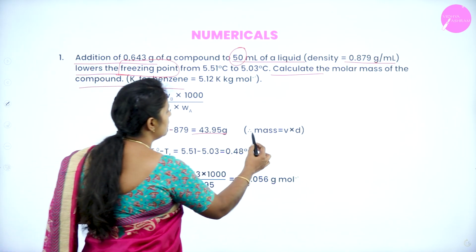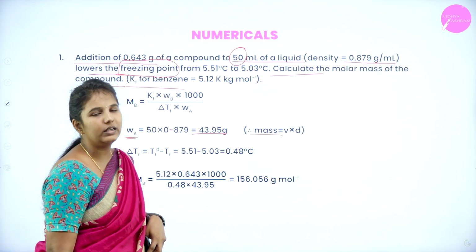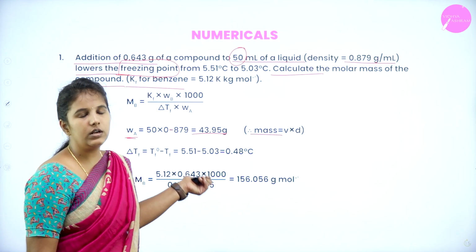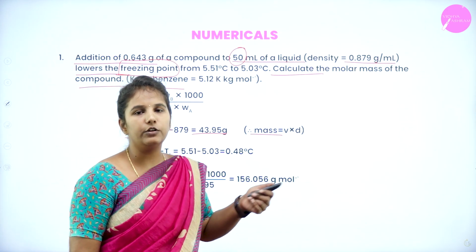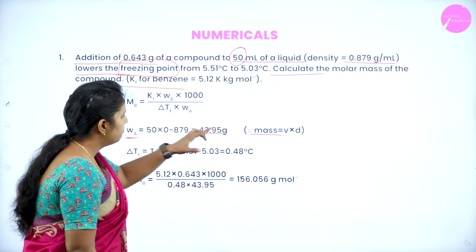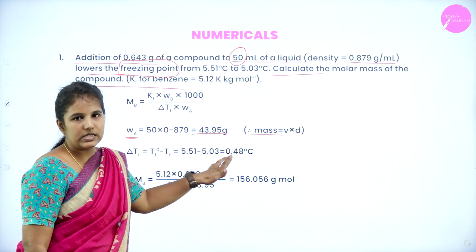Because the mass is equal to volume into density, that is why I have multiplied the volume by the density value.